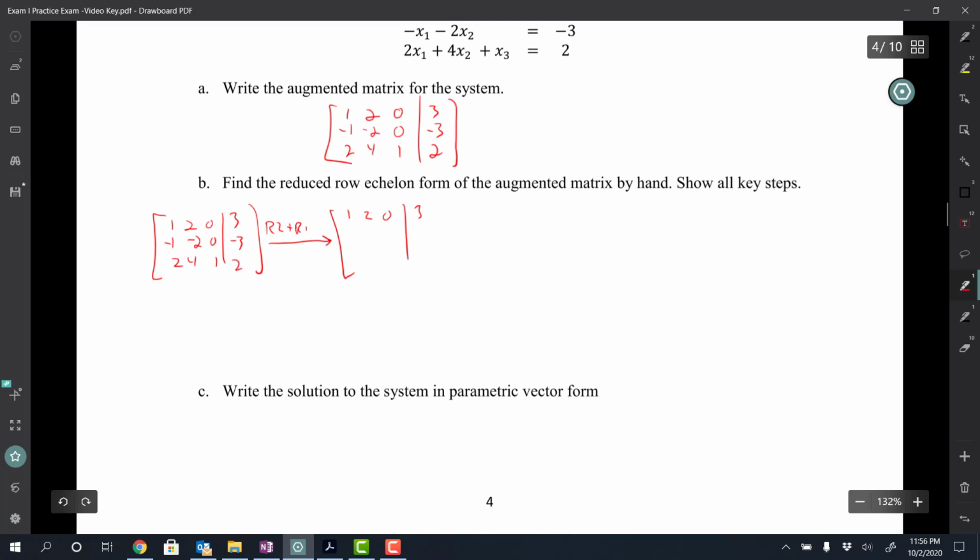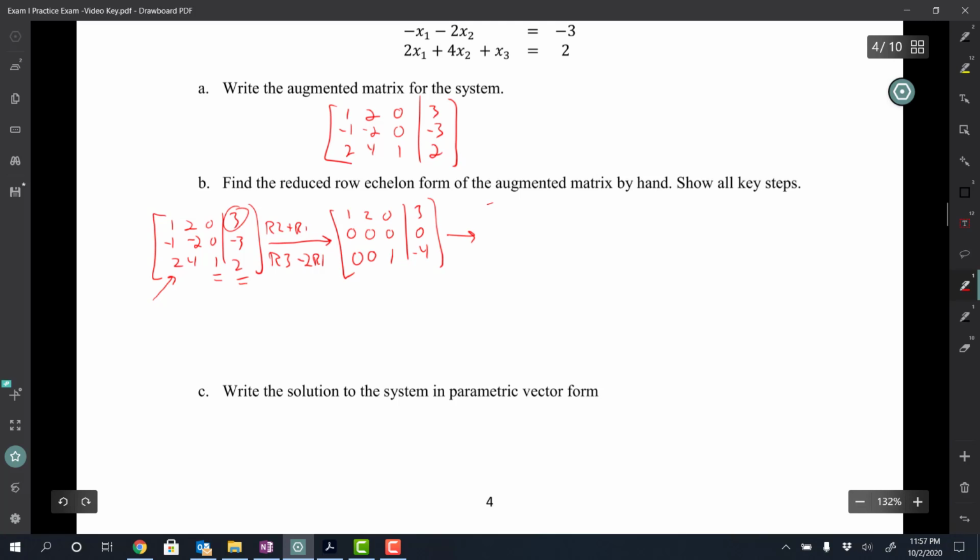Row 2 will become 0, 0, 0, and 0. My next row operation should be row 3 minus 2 times row 1. That's how I'll get a 0 in this position. I'll get a 0, 0, then I'll get a 1 minus 2 times 0, which is 1, and 2 minus 2 times 3, so 2 minus 6 is -4.